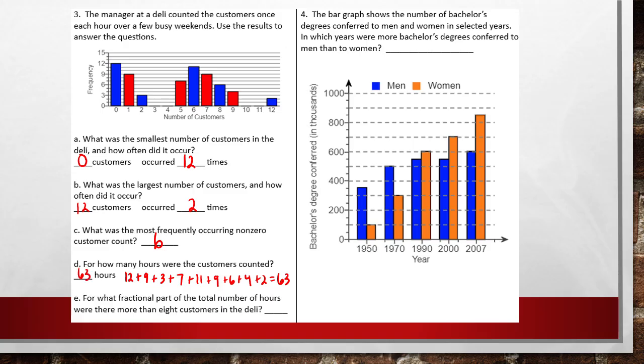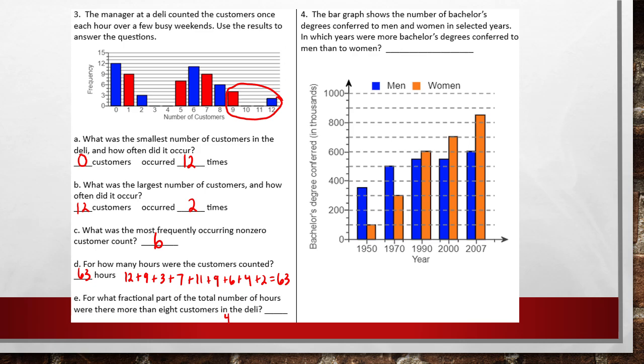They counted the customers. So it says, for what fractional part of the total number of hours were there more than 8 customers in the deli? Okay, more than 8 would be just these ones. So we're going to make a fraction out of those numbers. For the 9, there was 4, and for the 12, there was 2.